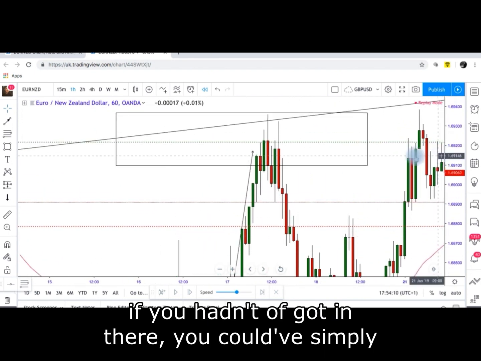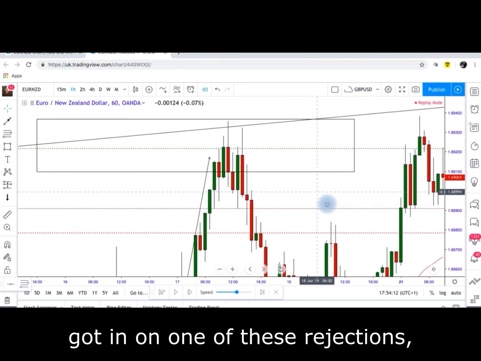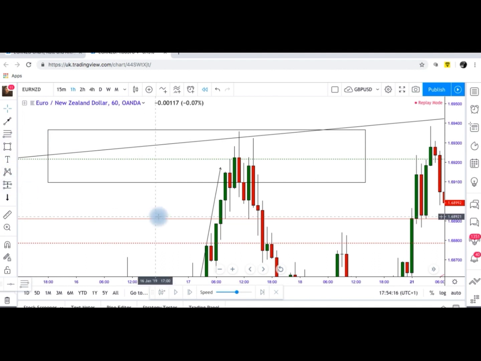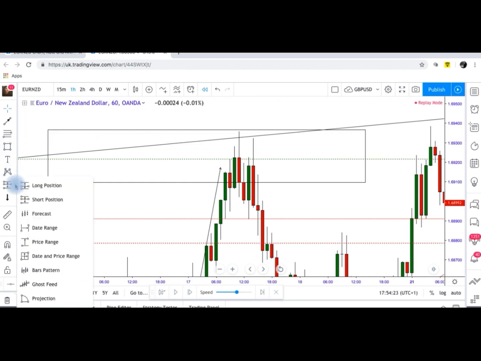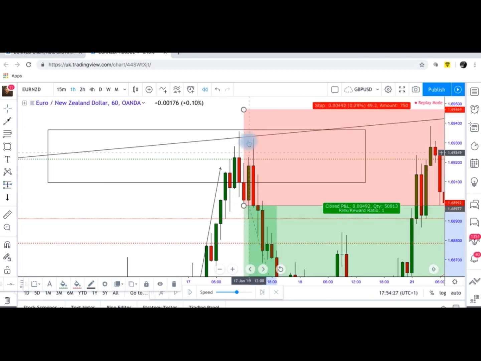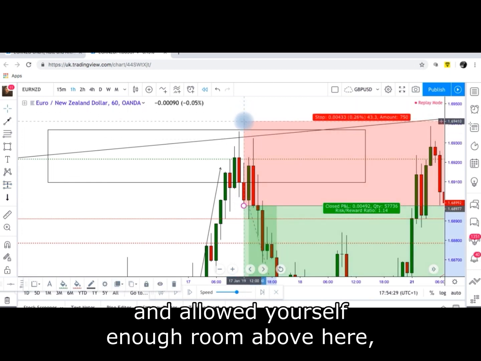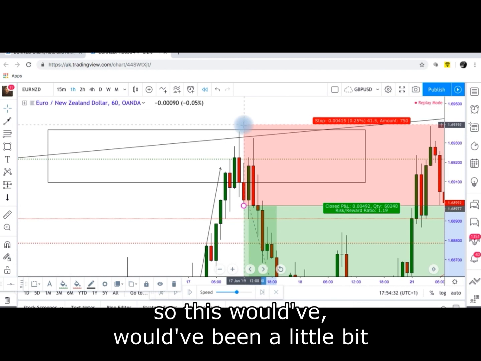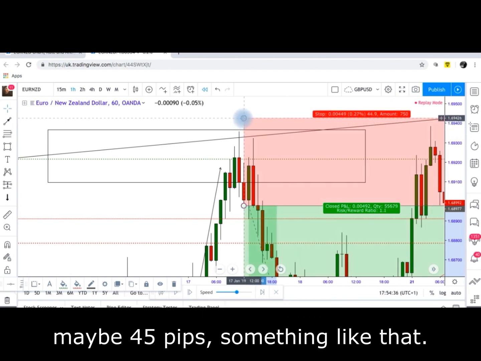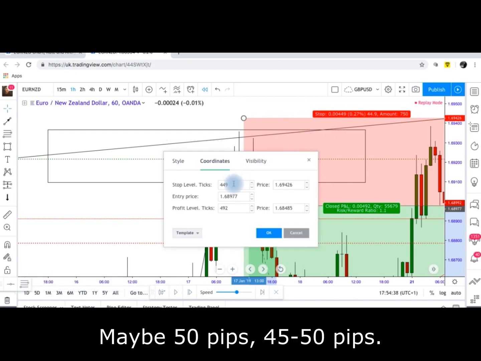If you hadn't got in there, you could have simply got in on one of these rejections, waited for this first tap, second tap, and you would have had to get in on this candlestick here and allow yourself enough room above here. So this would have been a larger stop. I would have probably given this maybe 45 to 50 pips.